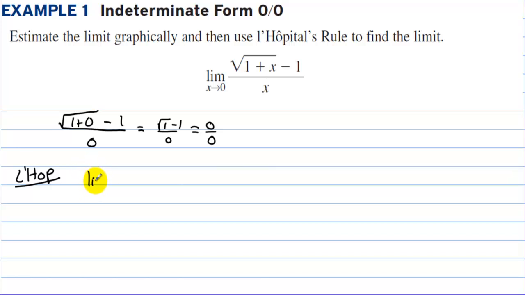We have the limit as x approaches 0 of 1 over 2 square root of 1 plus x. And then the derivative of the negative 1 will be 0, and the derivative of the bottom will be 1. Now we can plug 0 in without getting 0 in the denominator. We have 1 over 2 square root of 1, which is equal to 1/2.